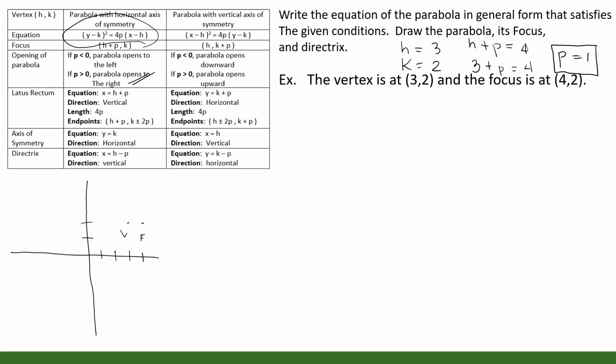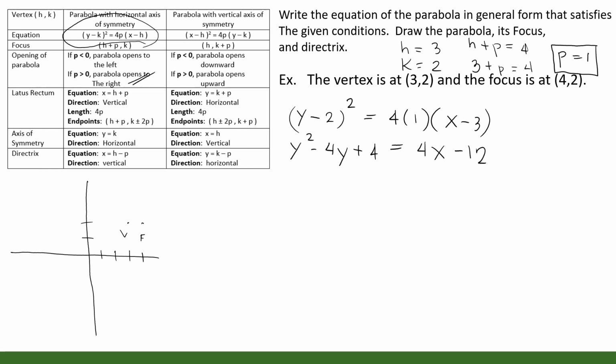We have now the h, the k, and the p. Using the pattern, (y minus k) squared equals 4p times (x minus h), we have (y minus 2) squared equals 4 times 1 times (x minus 3). Expand (y minus 2) squared, it is y squared minus 4y plus 4. Right? Equals 4 times x is 4x, while 4 times negative 3 is negative 12.